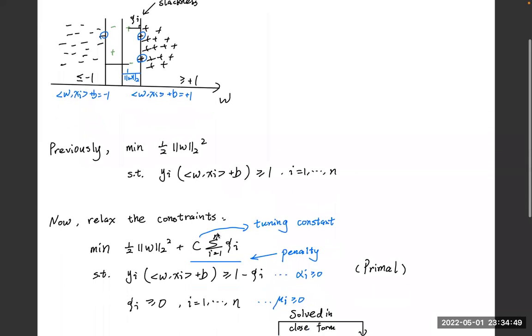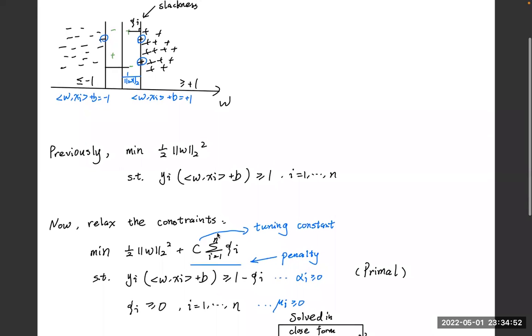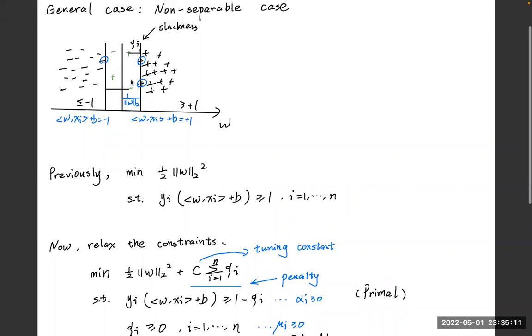But we want the violation to be as small as possible. So we also want to minimize, in addition to this 1/2 of a square length of W, a C, which is a tuning constant, times the summation of psi i. So hopefully most of the psi i equal to 0, only with a few exceptions.